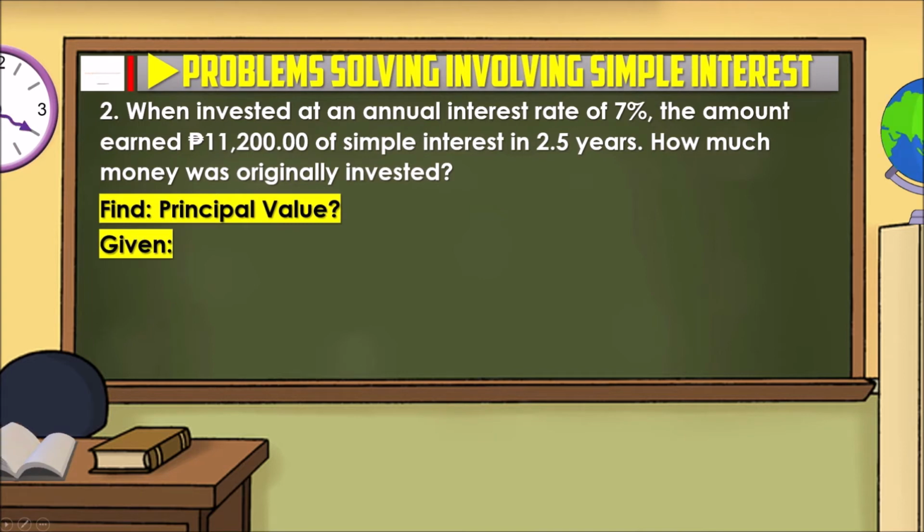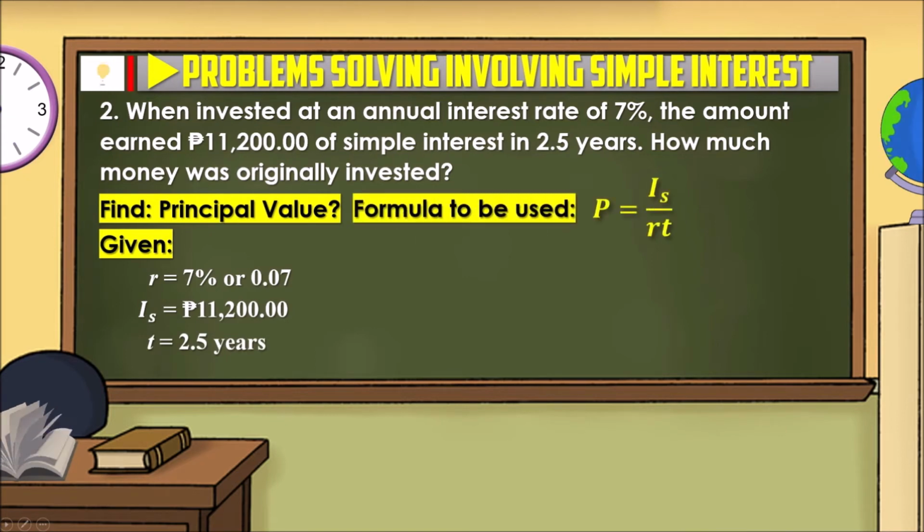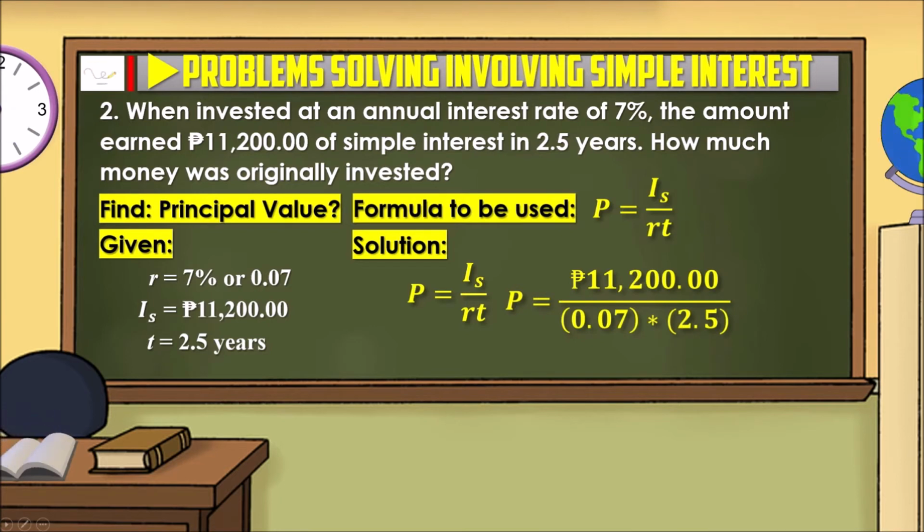Given are the following: we have the rate, the interest, and the time. This is the formula we are going to use. Use the formula in finding the principal. Substitute the given to the formula. Now, perform the operation. Our final answer for principal value is 64,000 pesos.